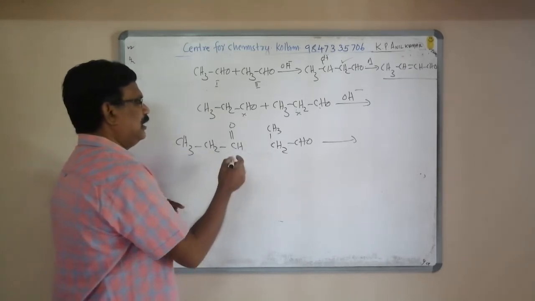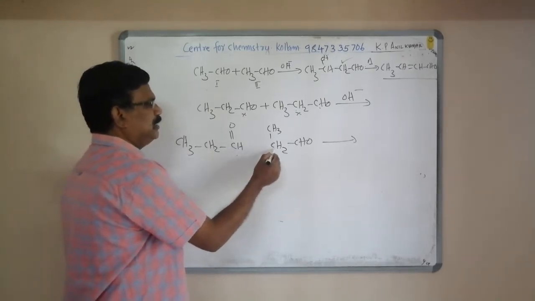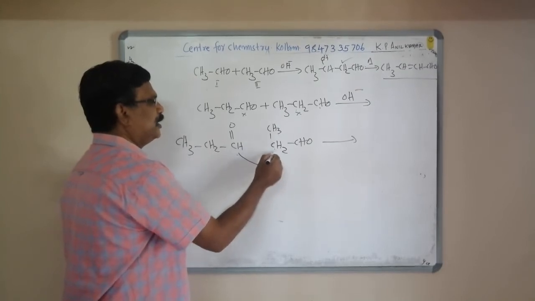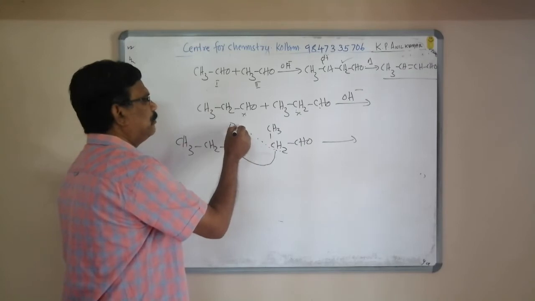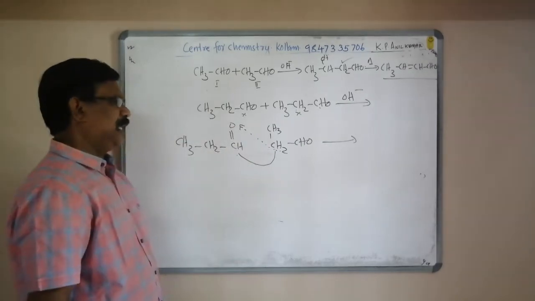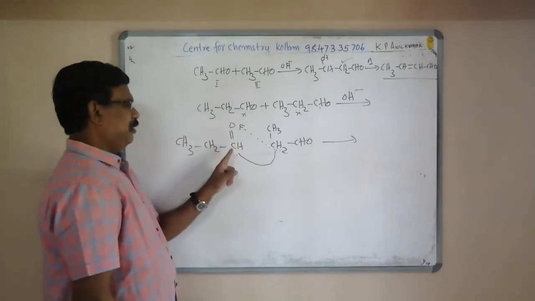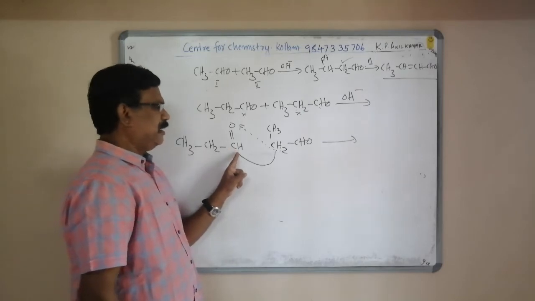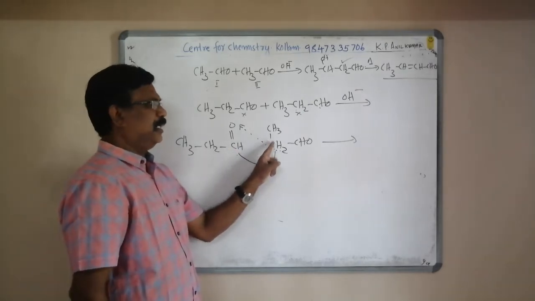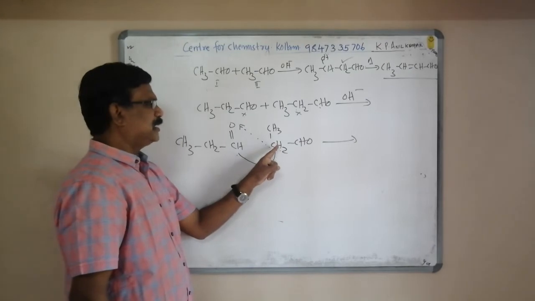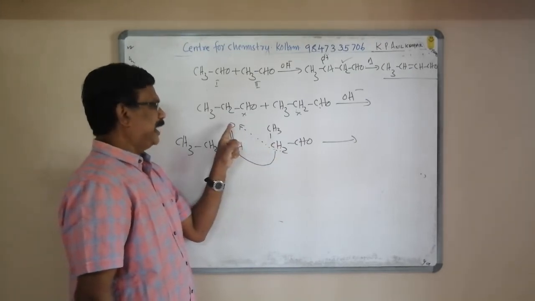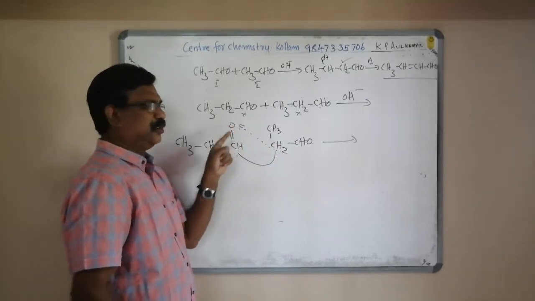They join together, and one alpha H migrates towards the oxygen. Same mechanism: the functional group carbon of the first molecule is connected to the alpha carbon, and one H atom from the alpha carbon migrates towards the carbonyl oxygen of the first molecule.